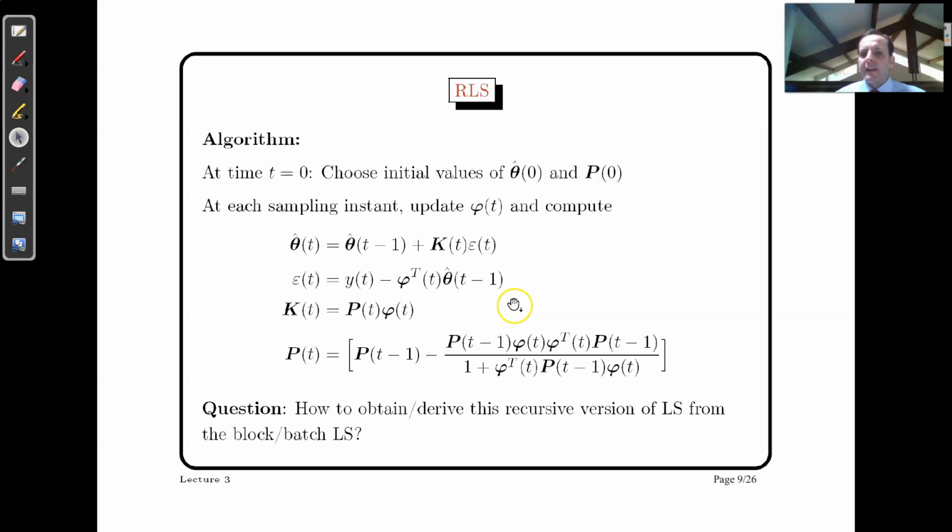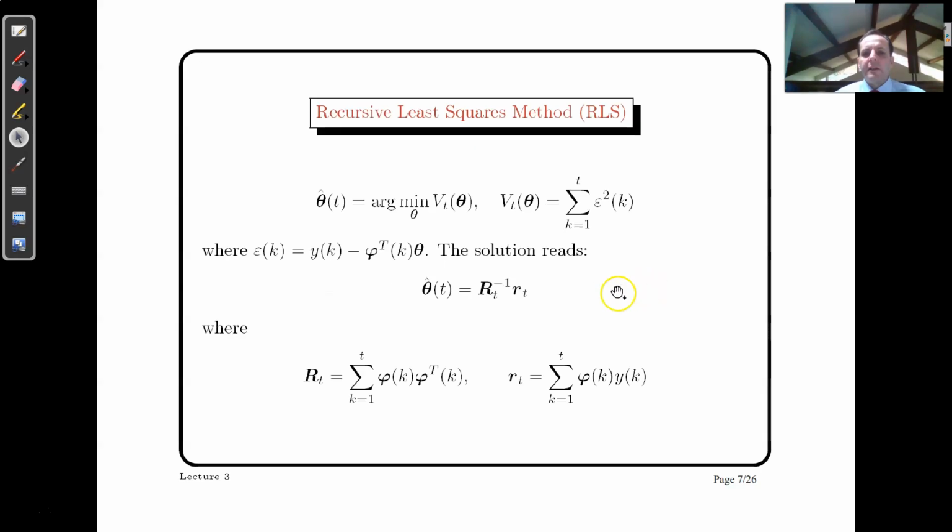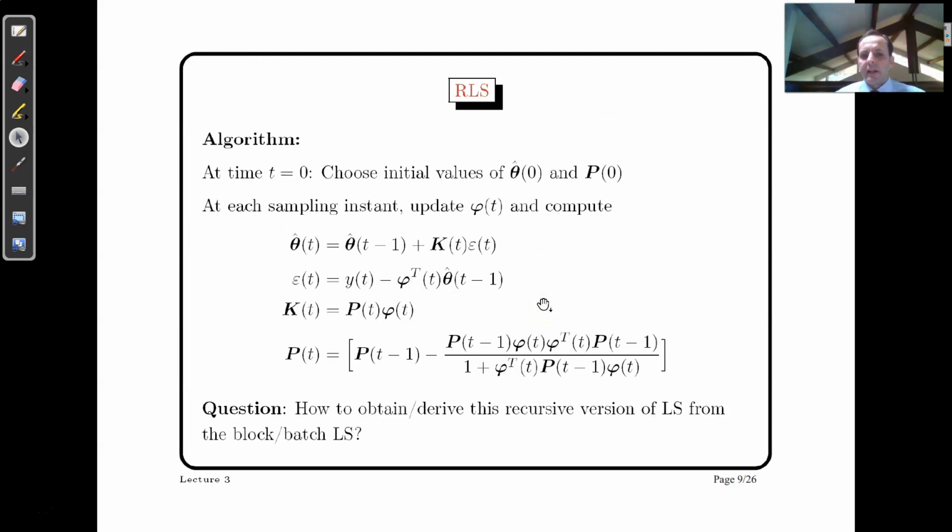Everything can be demonstrated using linear algebra, so it's very easy to show. At the end, in order to obtain this equation, which is implemented online as a recursive relation, we are using this algorithm.